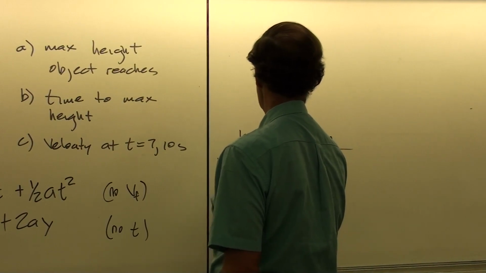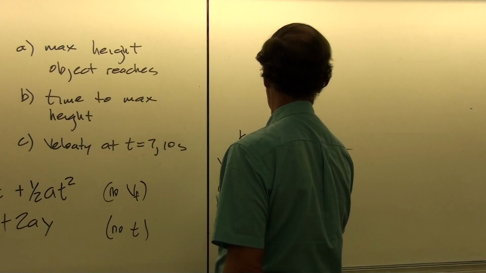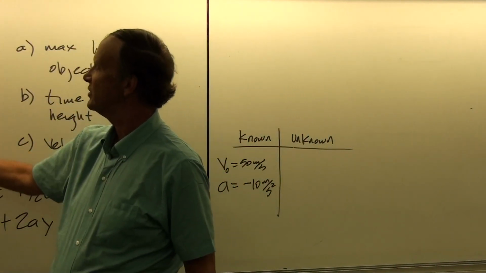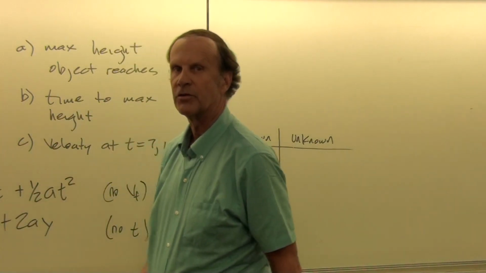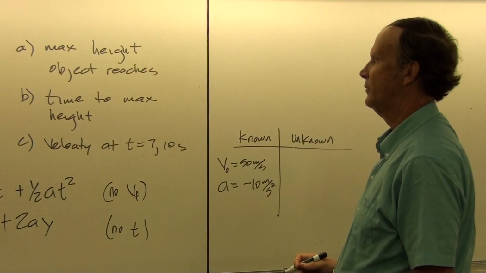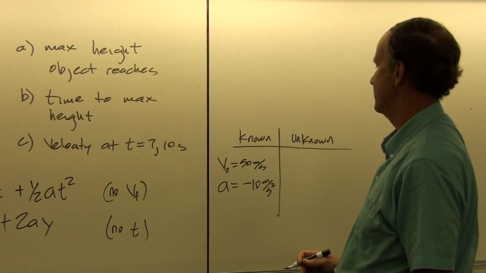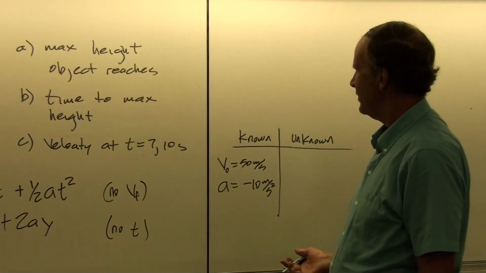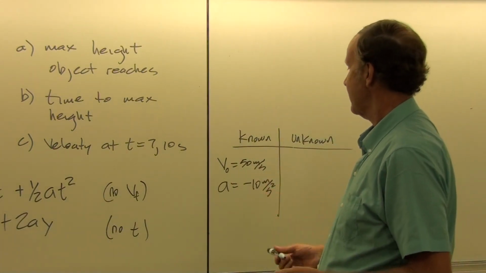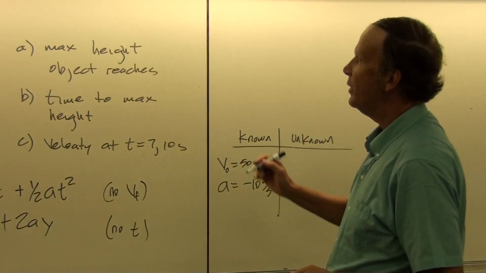The acceleration is minus 10 because it's pointed in the down direction, which is opposite from the direction of the motion, at least the initial motion of the object. So it looks like we only have 2 out of the 5. And we need 3 out of the 5 to go farther.